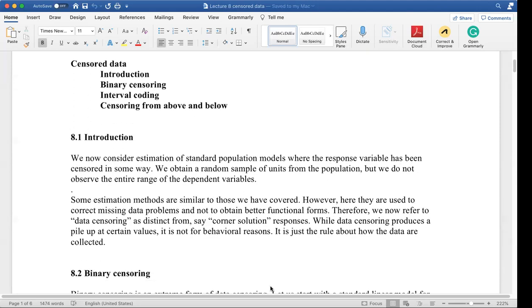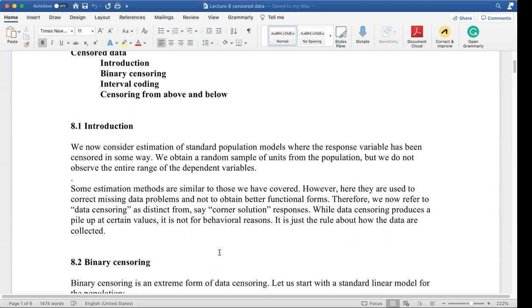Some estimation methods are similar to those we have covered, like the probit and also the tobit. However, they are used to correct missing data problems and not to obtain better functional forms. Therefore, we now refer to data censoring as distinct from, say, corner solution responses, where we apply the Tobit model. While data censoring produces a pileup at certain values, it is not for behavioral reasons. It is just a rule about how the data are collected.